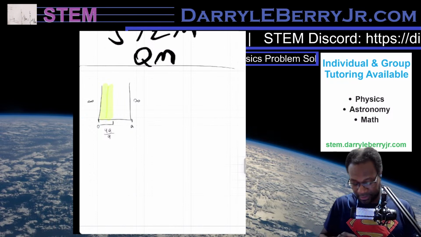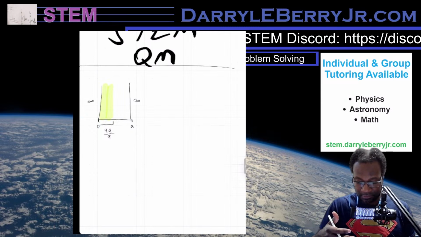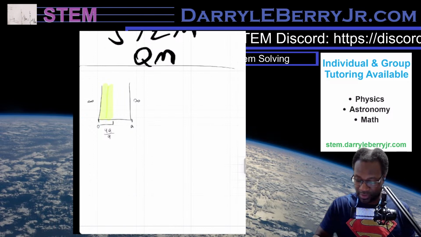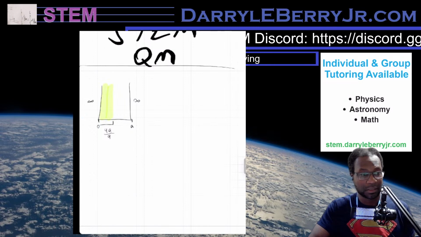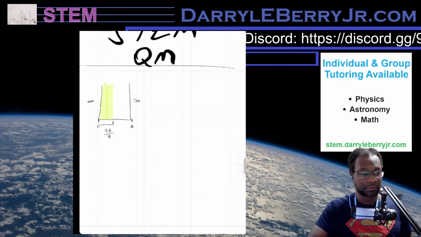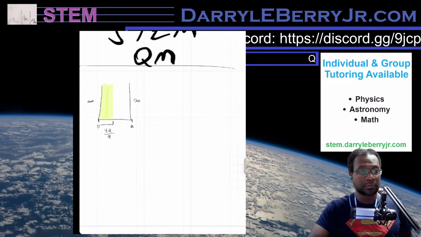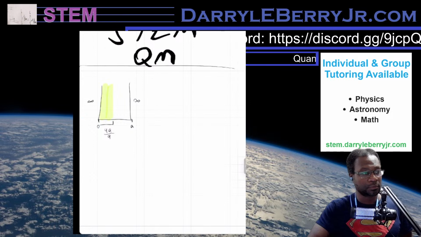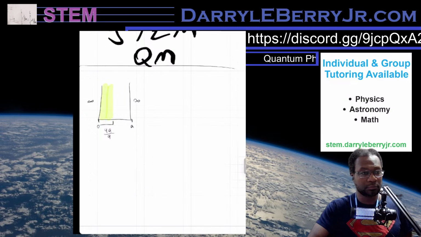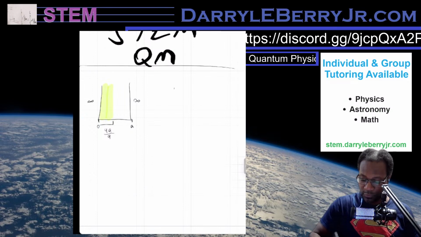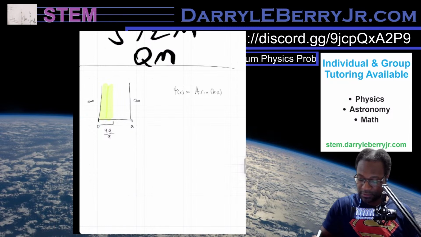So let's say we wanted the energy of the state, the change or the difference in energy, because we know that we have an infinite square well, the psi will look like this. Psi of x equals A sine kx.